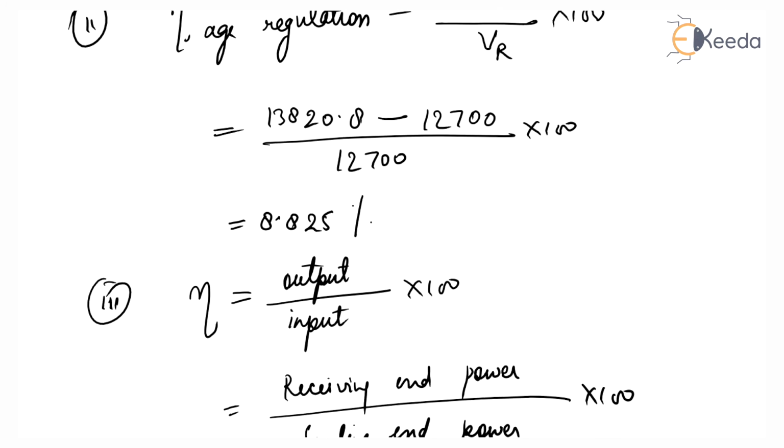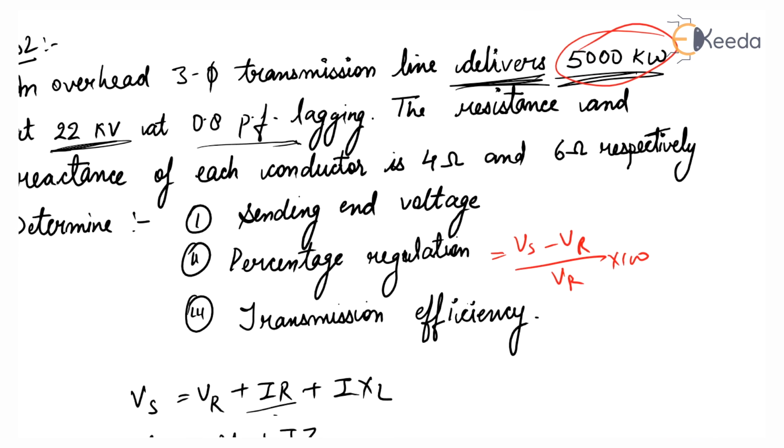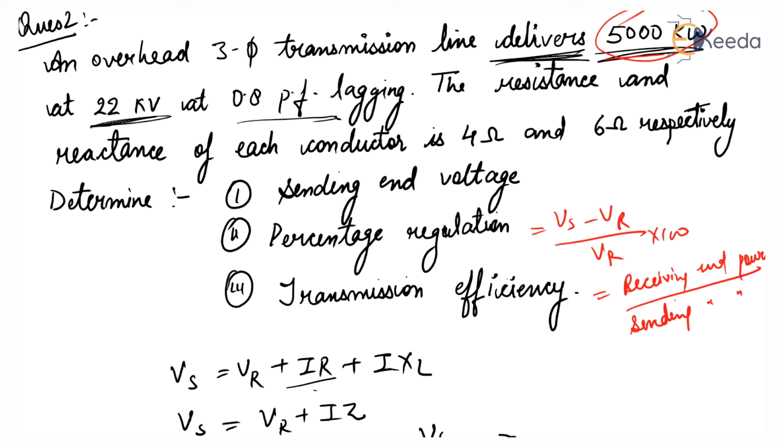And in the end, we have to find out the transmission efficiency. We know transmission efficiency is equals to power delivered, means receiving end power, upon sending end power into 100. And receiving end power is given, it is 5000 kilowatt, means 5000 into 10 to the power 3 watt, and sending end power is equals to receiving end power plus line losses.